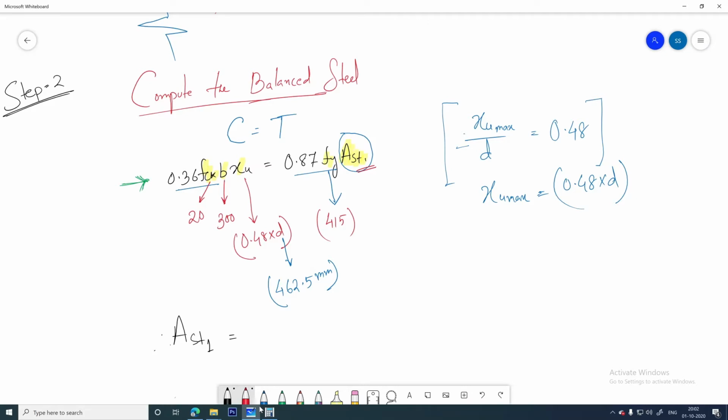If you solve this, you will get 1328 millimeter square. That is the value of the AST1. Okay.